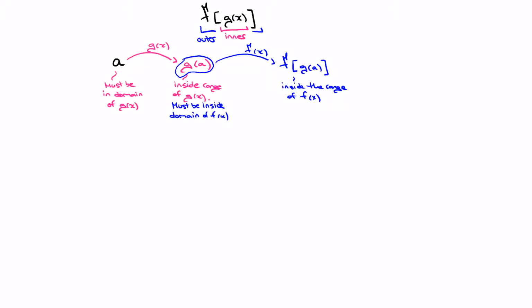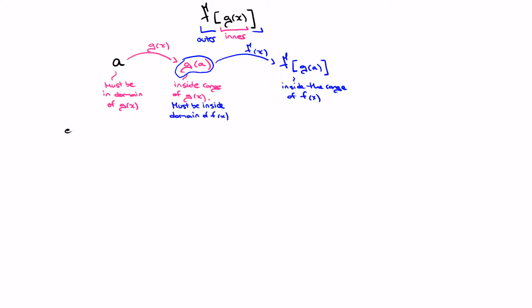We'll need to make sure that whatever number we plug inside a composite function, the value of that number, g of a, once we throw it inside the inner function, must fall inside the domain of the outer function f of x. Now I know that sounds quite complicated. Let's go right ahead and see how we can do this with a couple of examples.